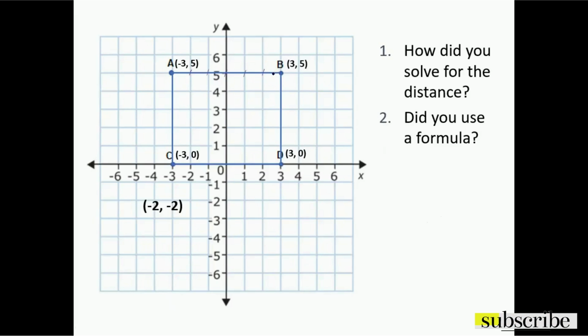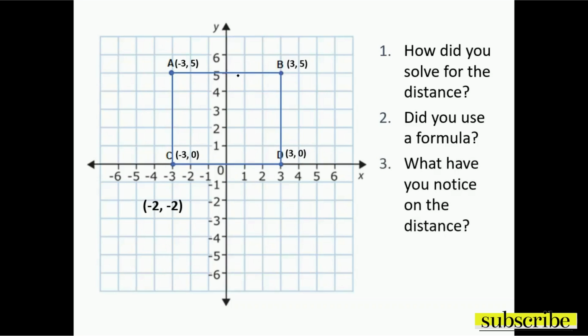So the distance between A and B or B and A is 6 units. And it also goes with the distance between A and C. 1, 2, 3, 4, 5. It is 5 units.